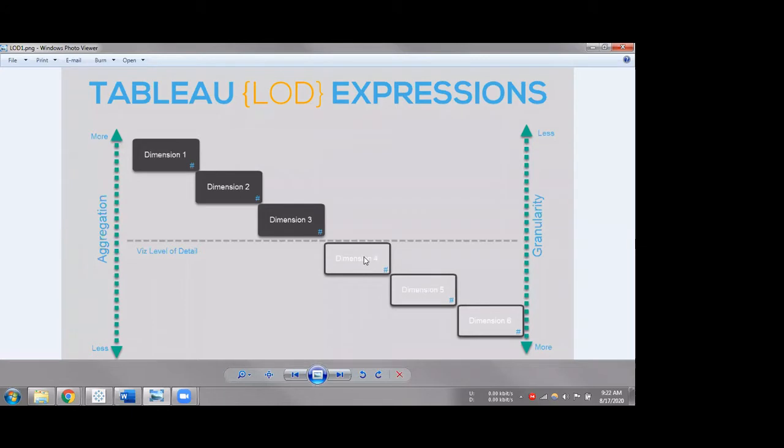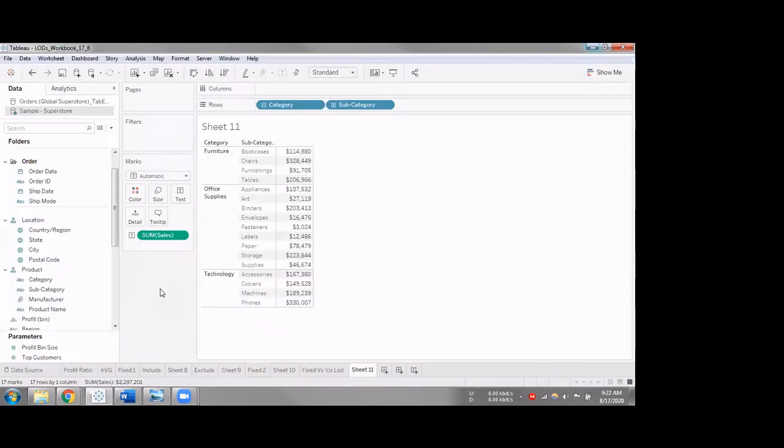Upon adding dimensions, my granularity increases, that is the level of detail increases. When I have fewer dimensions or no dimensions, my aggregation is high. So I'm going down in aggregation and increasing in granularity as I keep adding dimensions to the view. Let's come back to this during the session. So that's clear, right? The aggregation and granularity.